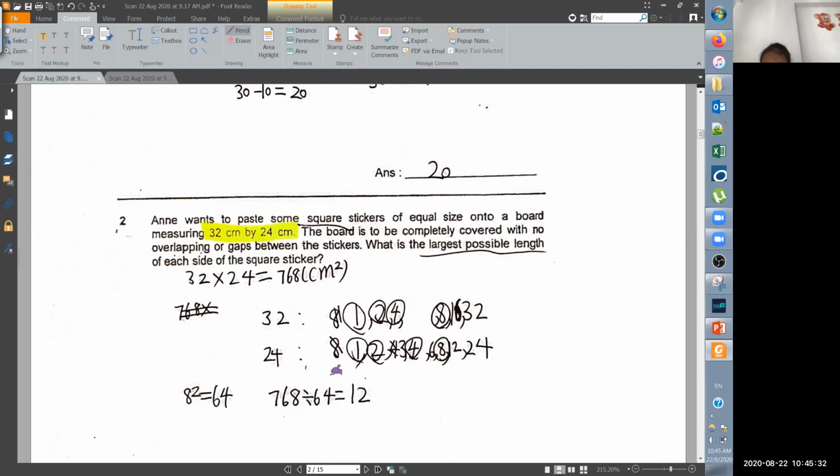What's this? I'm a bit confused by this. Basically, you have a board of 32, 24, and you are going to have all the squares. What's the largest possible length of each side of the square sticker?